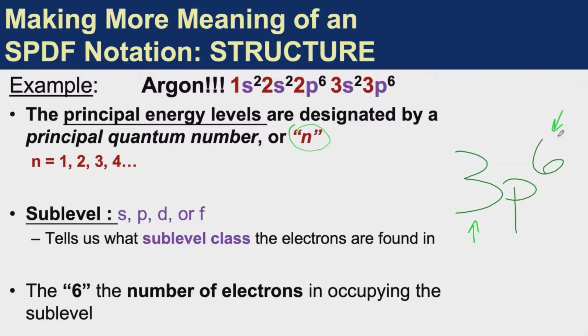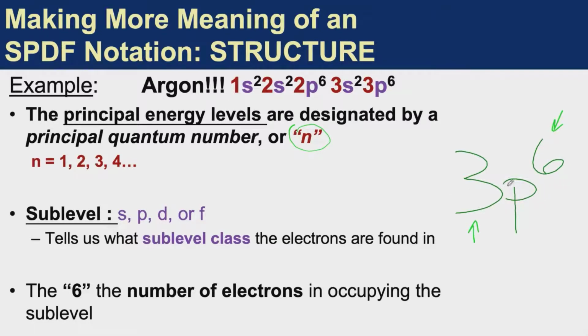This 6 tells us which element in the P block we are writing the electron configuration for, and that corresponds to the number of electrons that have now occupied that sublevel. So argon would be the 6th electron and the 6th element in the block.